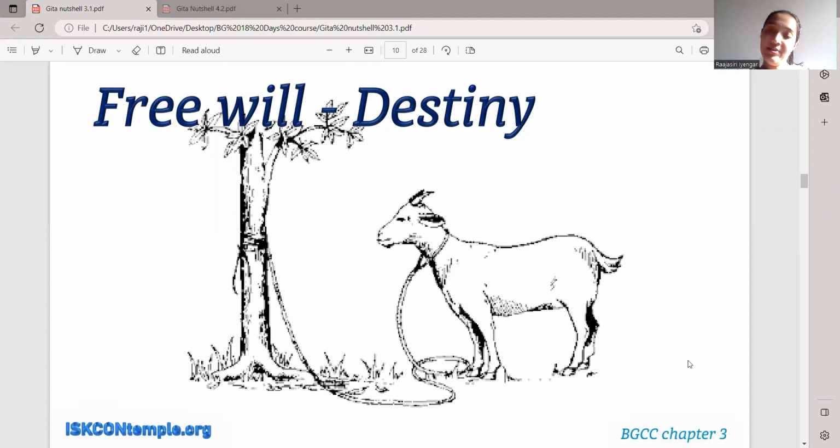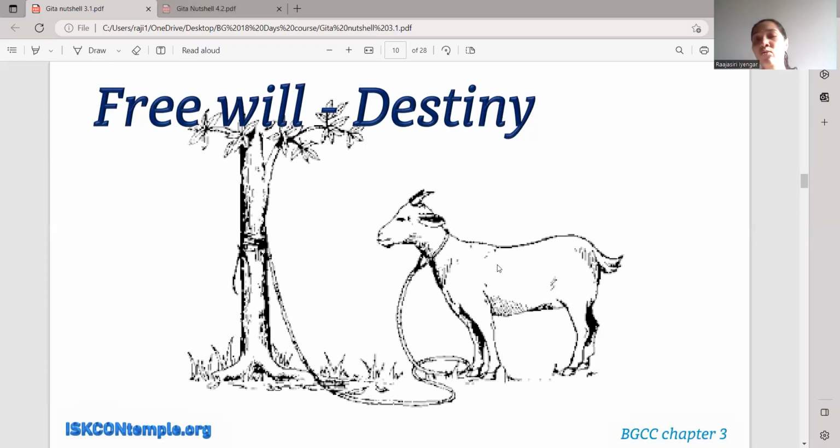All right. Let's say in that same example, if we see the goat's example on the screen, there is this goat which is tied to a tree. And you can see there is this rope that has a certain length.